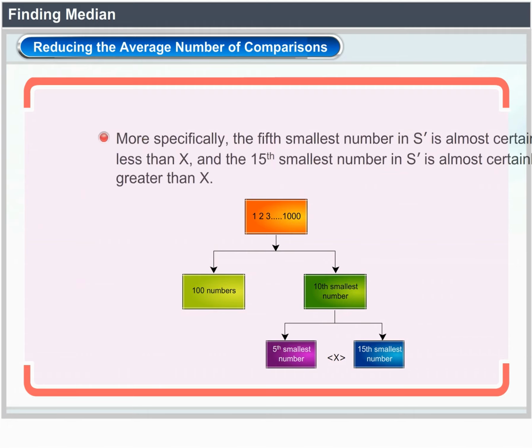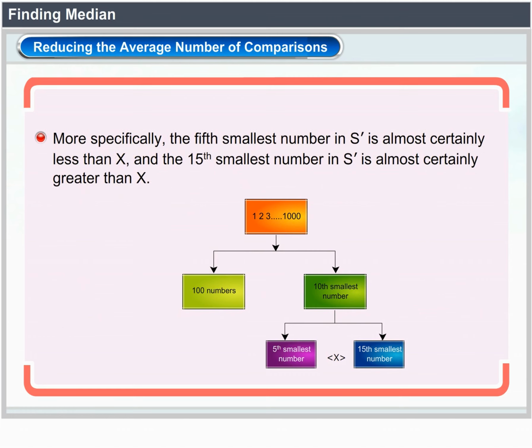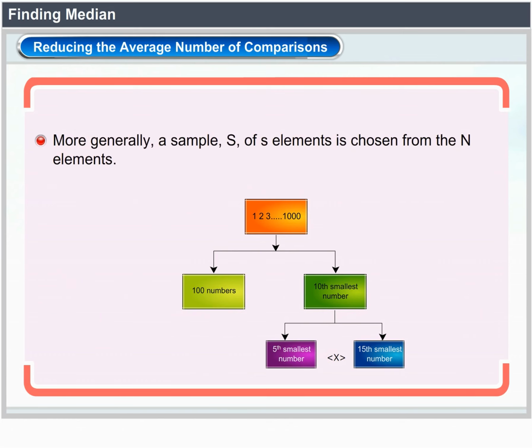More specifically, the 5th smallest number in S' is almost certainly less than X, and the 15th smallest number in S' is almost certainly greater than X. More generally, a sample S' of s elements is chosen from the n elements.